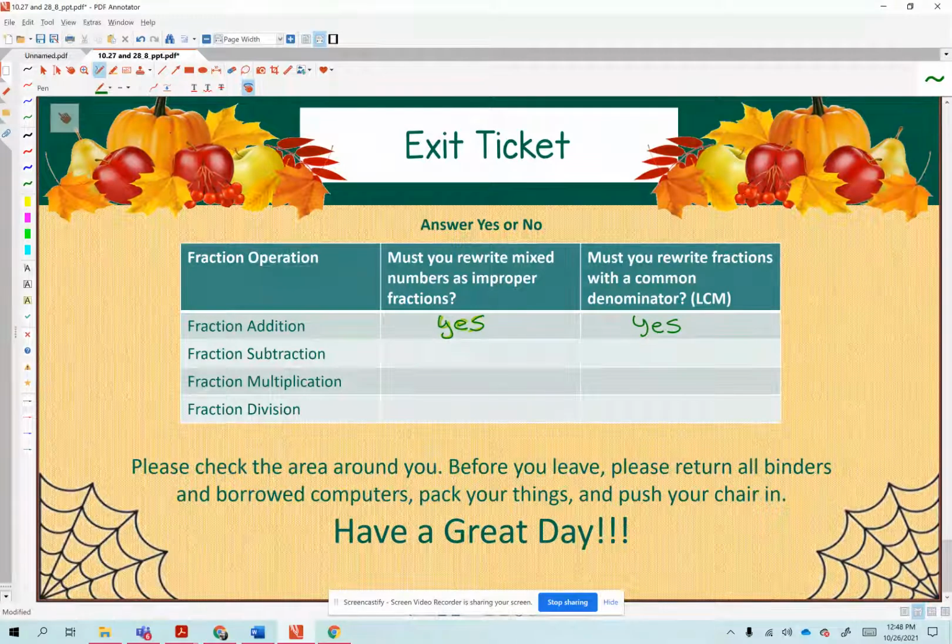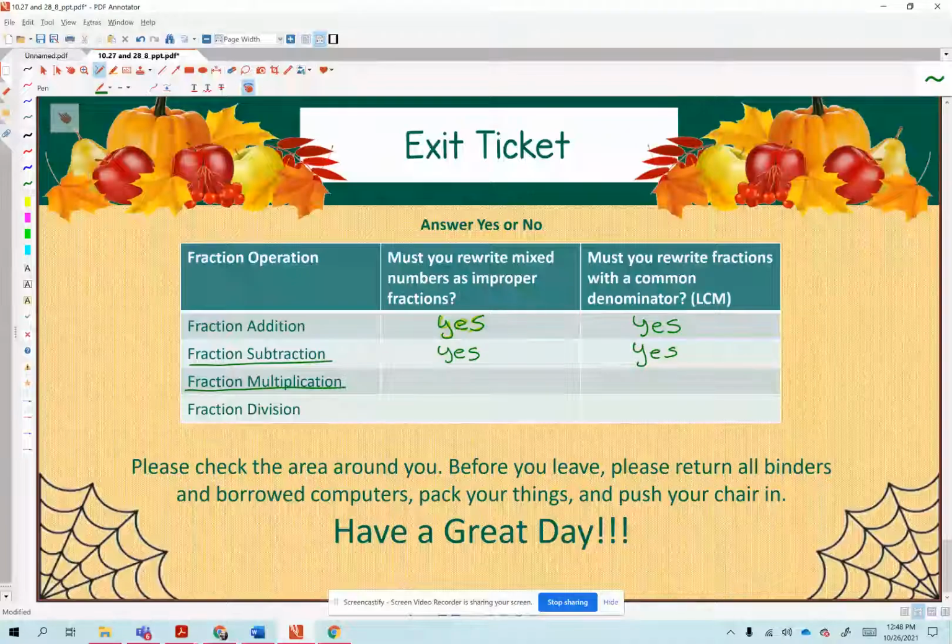Yes. With fraction subtraction, must we rewrite the mixed numbers as improper fractions? Yes. Must we rewrite the fractions with a least common denominator, that is the least common multiple of the two denominators? Yes. With fraction multiplication, must we rewrite the mixed numbers as improper fractions?